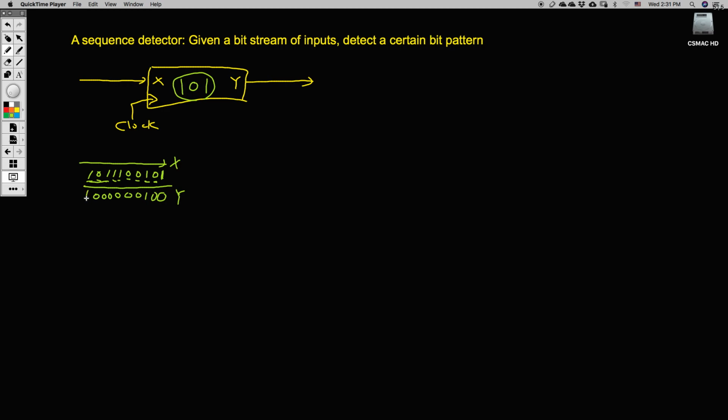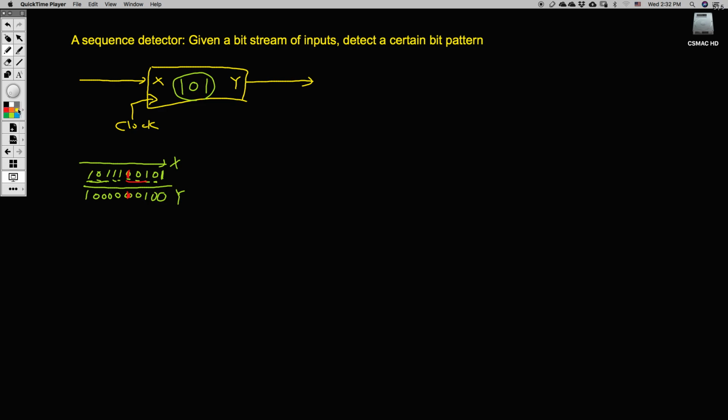Now we have detected the 101 pattern. So as soon as you detect the 101, we say this pattern has been detected. In this case, if this bit was 1, then the output should be 1 as well, because up to that we have detected 101 as well.